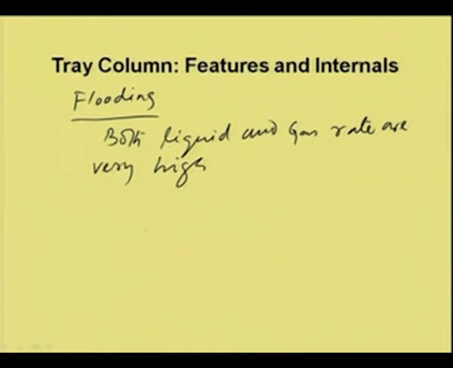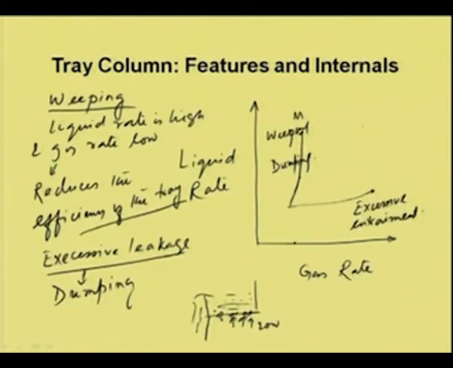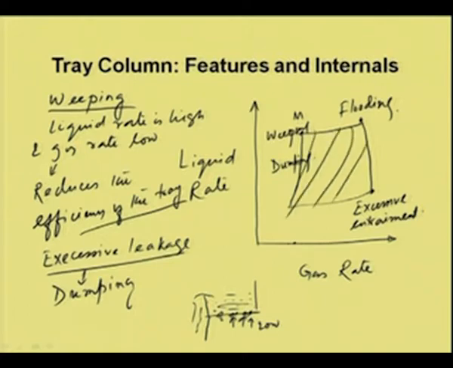So, in that case we can see, this is the region of flooding. So, this is the region where we can operate the column. In this gas loaded region we can operate, it is the satisfactory region.